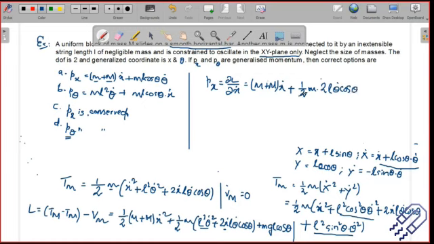So this 2 and 2 will get cancelled, right? What we have is m plus M x dot plus, sorry, L, and then there is a m, then there is cos theta, and there is theta dot. So that's why we say that this first option is correct, right? This is absolutely right, and this is the detailed way of doing it, okay?